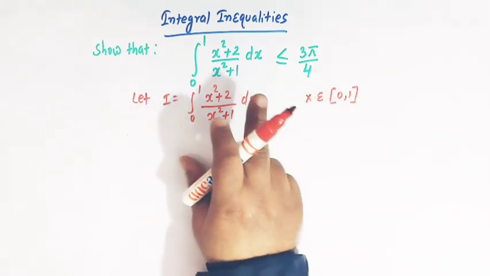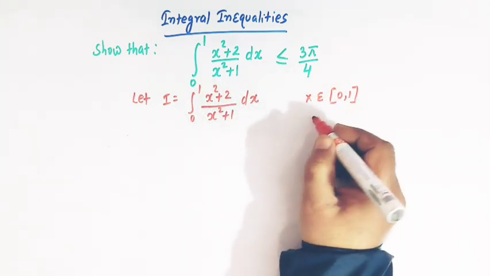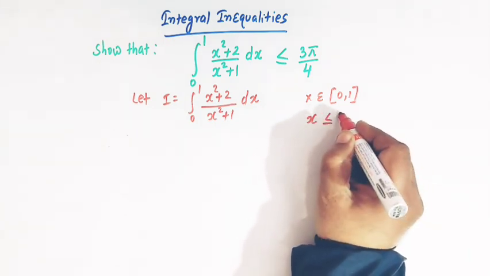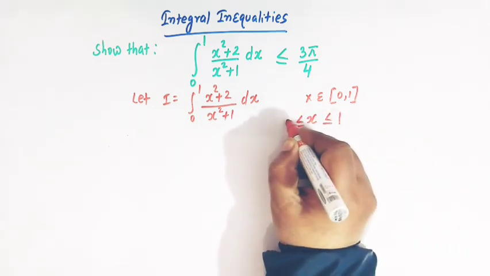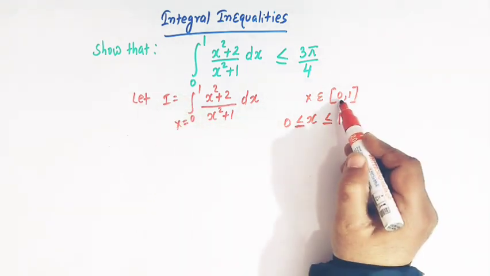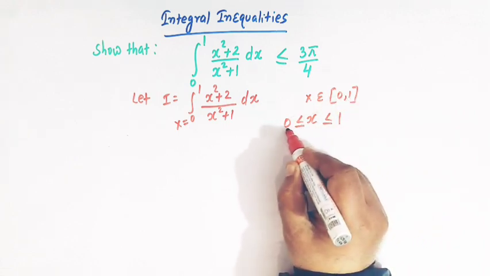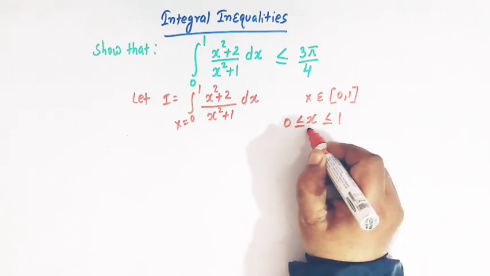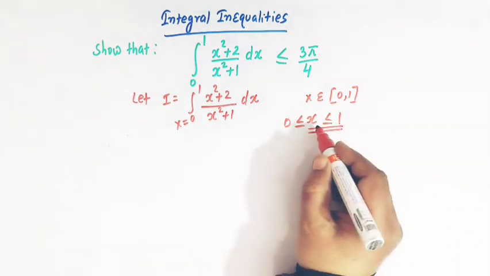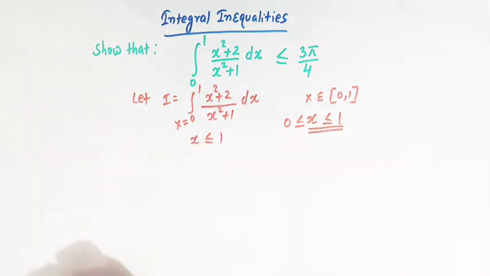To get this inequality, we have to start with x less than or equal to 1 and greater than or equal to 0, because x belongs to the interval [0, 1]. So to start with, we can take x less than or equal to 1.